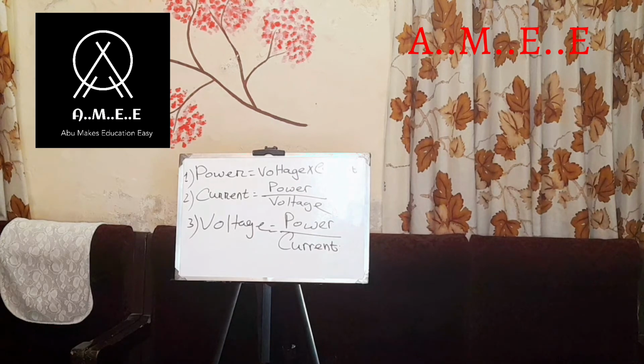That gives 150 watt by 17 ampere, which leads to a huge answer. But if we take it up to 4 decimal places, the answer comes to 0.8824 volts. This is taken up to 4 decimal places.